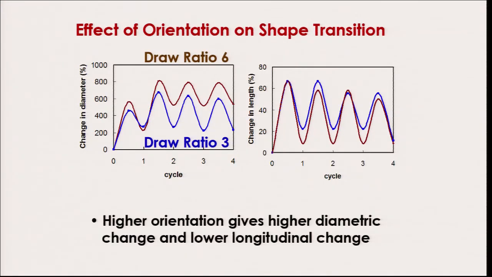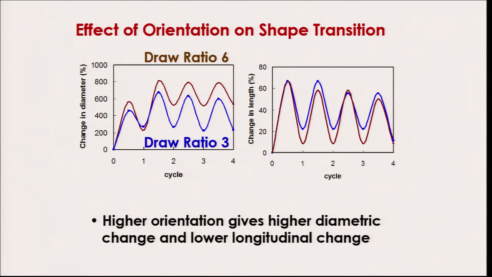Further, you would also notice that if I draw the fiber to different draw ratios, then the morphology of the fiber is also changing, the shape changing behavior of the fiber. The higher the draw ratio, I will get higher swelling in the diameter.